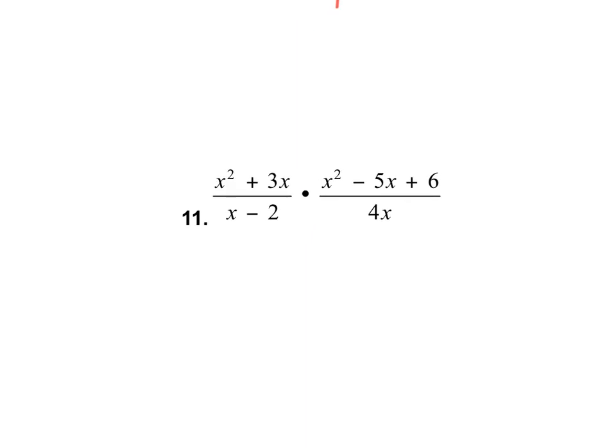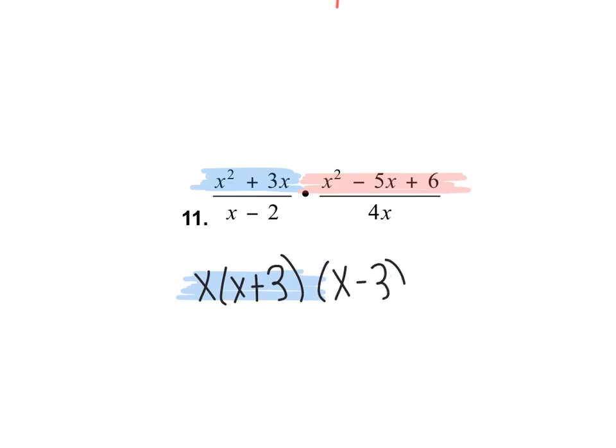All right, on number 11, again, we're going to have to do some factoring here. If we look first at x squared plus 3x, we're going to factor that. We can take out an x, and we're left with x plus 3. And then the second part, we have x squared minus 5x plus 6, and that can factor with x minus 3, x minus 2.